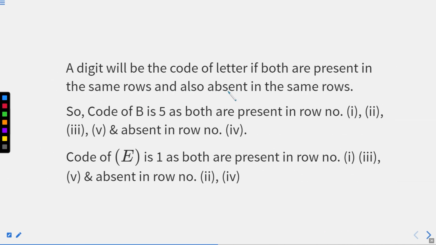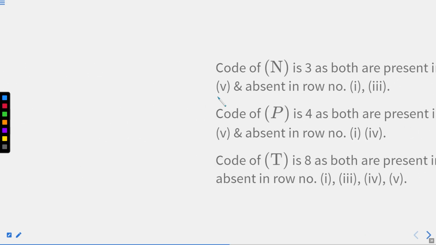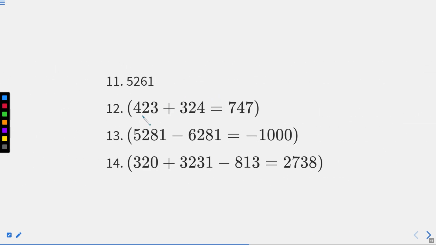Now we'll directly jump to the answer part. Okay, so this is there. If we add the two numbers, we are getting 747. If we subtract by putting their values in question number 13, we are getting minus 1000. And if we use the place values that we have calculated in the 14th question, by using simple mathematical operations of plus and minus, we are getting 2738.